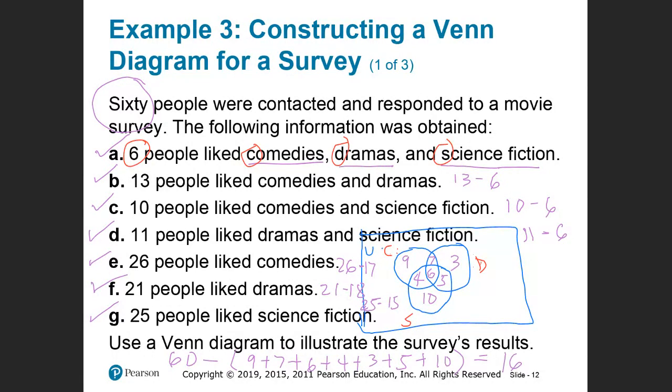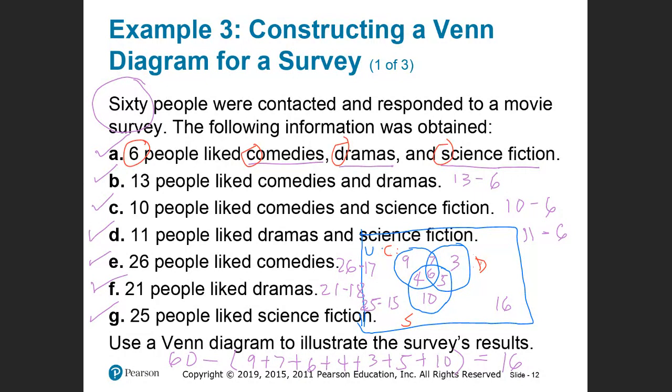So 16 should be outside the 3 sets. So those are the people who don't like comedies, dramas, and science fiction. That's why it's a complement, it's outside those 3 sets.